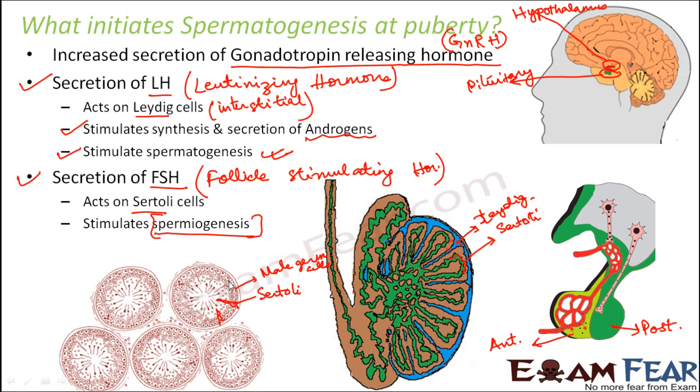From these male germ cells, primary spermatocytes are formed. From the primary spermatocytes, secondary spermatocytes are formed. From the secondary spermatocytes, spermatids are formed.